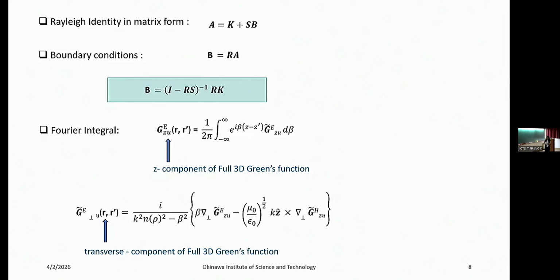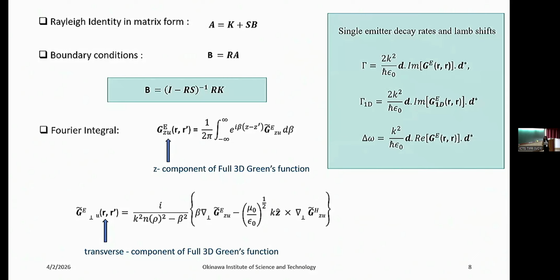We can calculate the z component of the Green's function, and using this, we can calculate the transverse component of the full 3D Green's function. And using these Green's function elements, we calculate the physical quantities in our system, which are the decay rates.